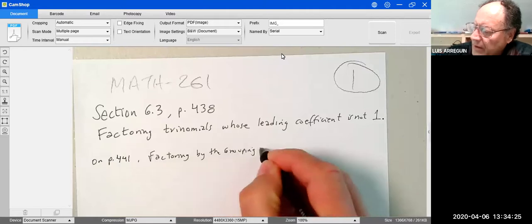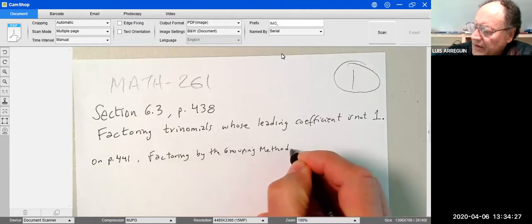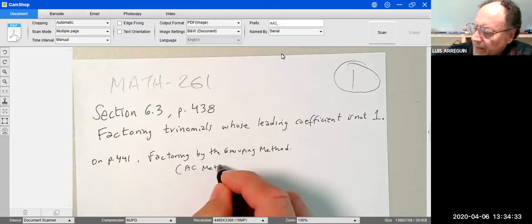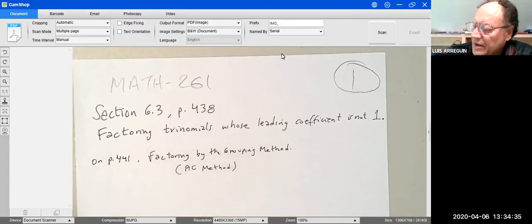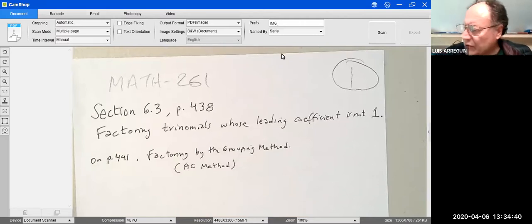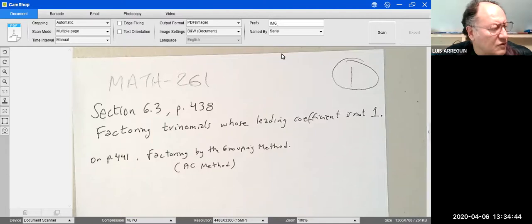You can find this method in other books known as the AC method. And the good news is that we already used this method the last time that we worked with trinomials with leading coefficient equal to 1.